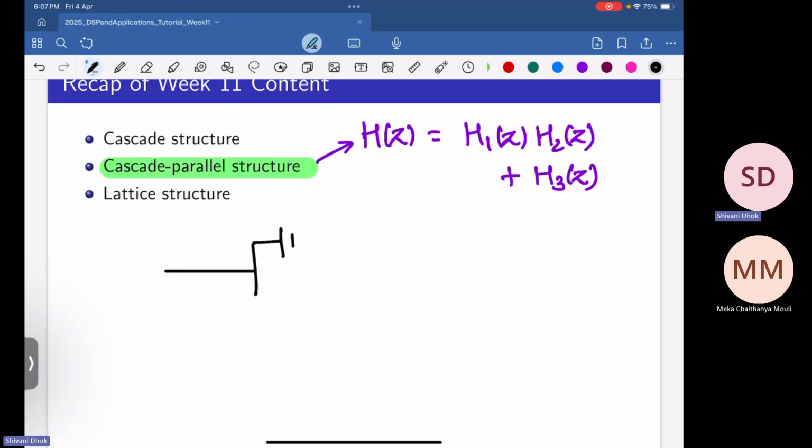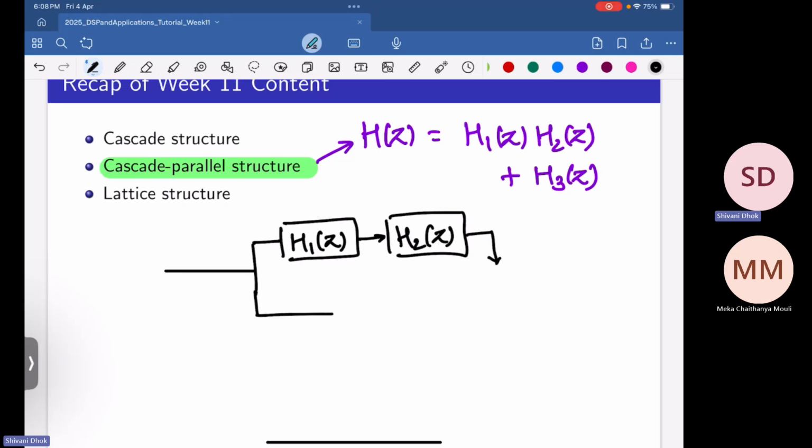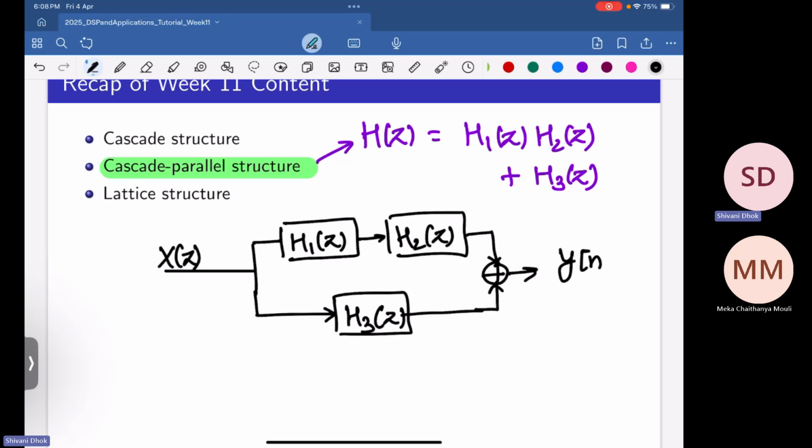I can have H1(z), then I can have H2(z), and then I have here H3(z), and this gets added here. So here is my x(n), and here I'll give my y(n), or let's say Y(z).